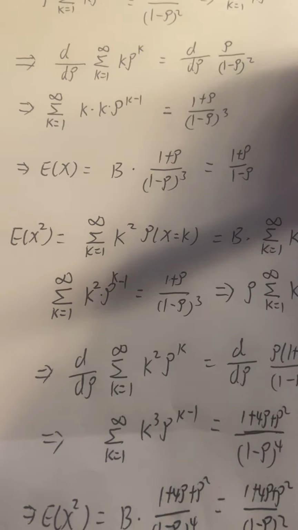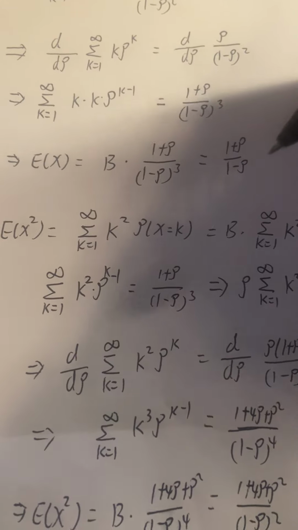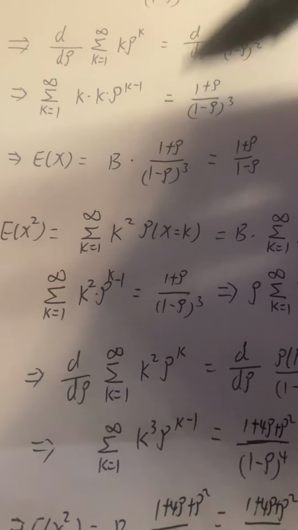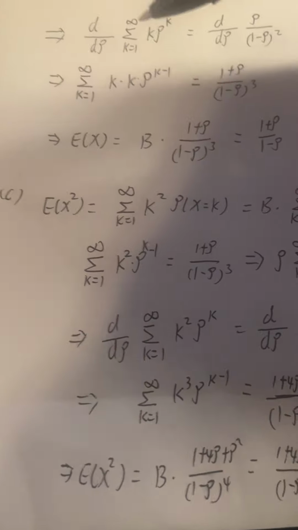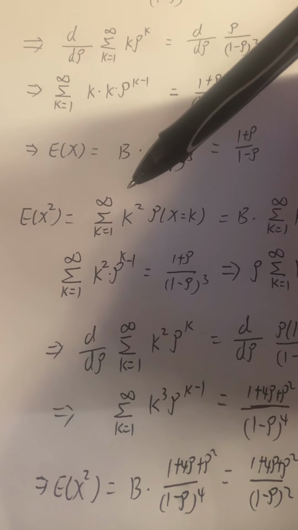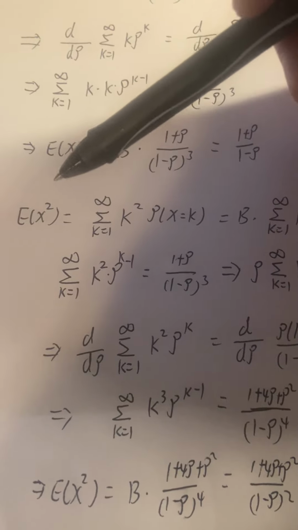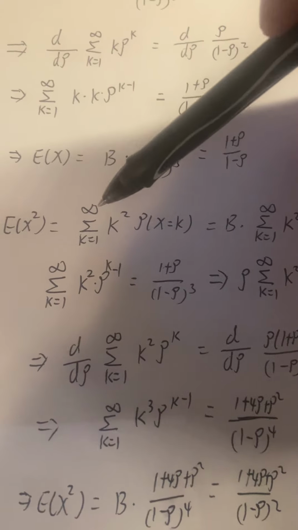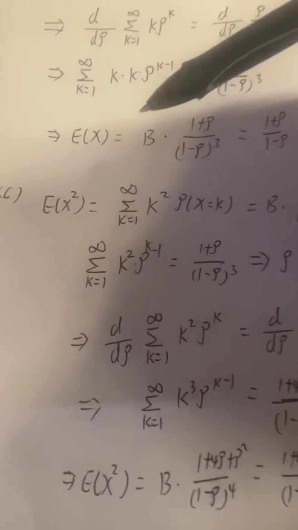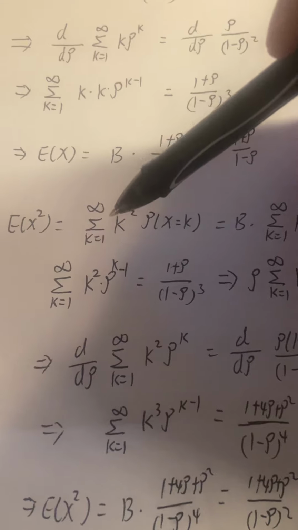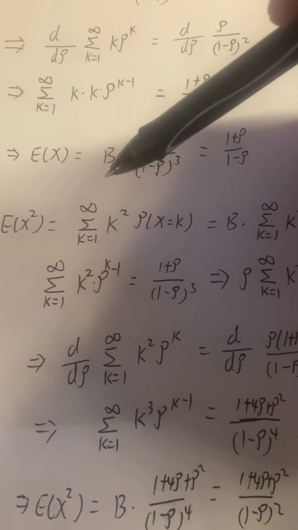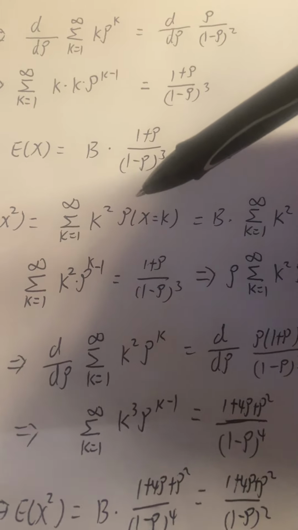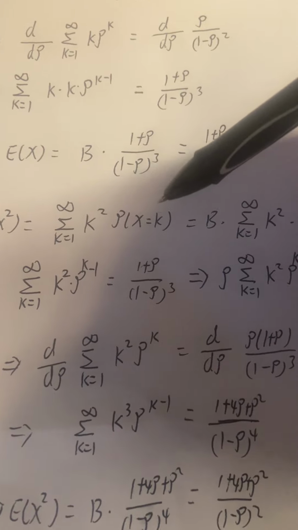Problem C, find the expected value of X squared. We know that the expected value of X squared we can rewrite as the sum from k equals 1 to infinity of k squared times P of X equals k.